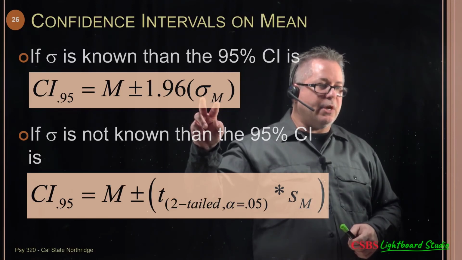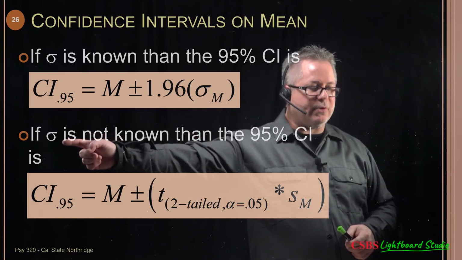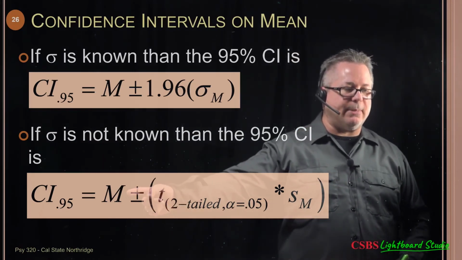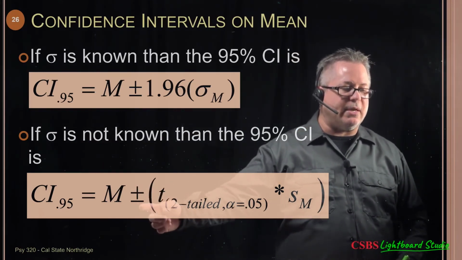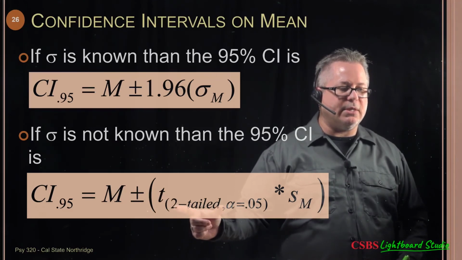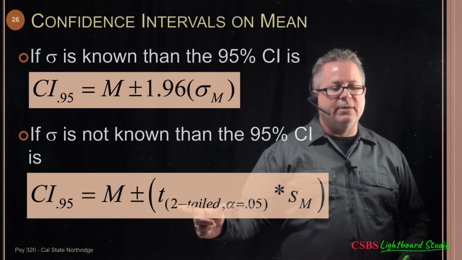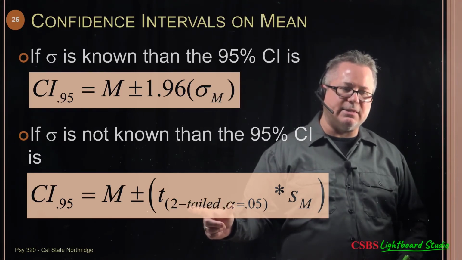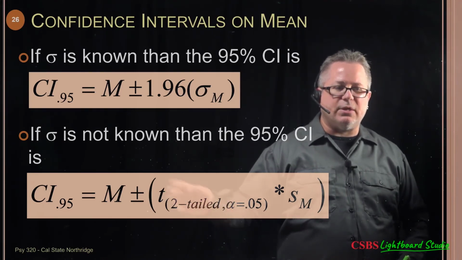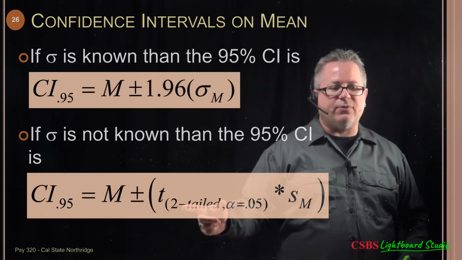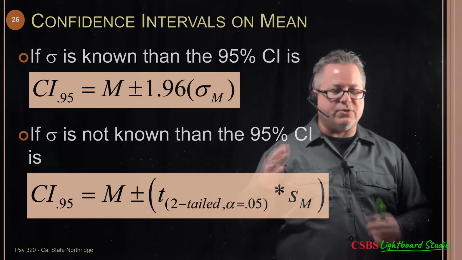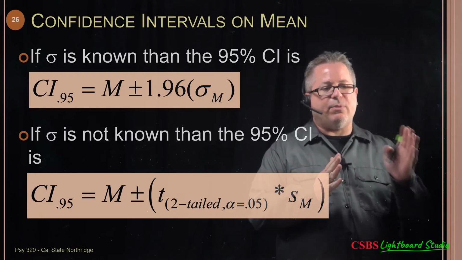If sigma is unknown, then we're going to use t instead. We're going to take our same sample mean, and add and subtract. We have to look up what the two-tailed t value would look like. And this doesn't matter if you did a one-tailed t-test as your test. If you're looking at the confidence intervals, you're still going to use the two-tailed values, because you want the values that are equally distant above and below the mean.